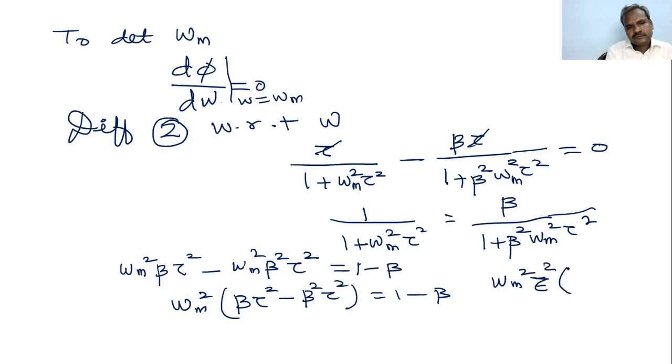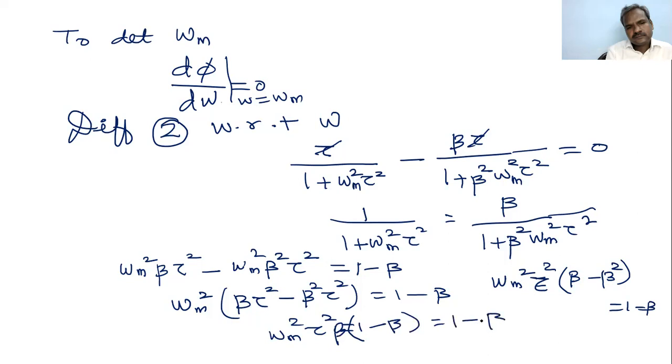So tau square, this is beta minus beta square, equal to 1 minus beta. So omega m square tau square into, we can take beta also as a common term. So 1 minus beta here, and the right hand side also 1 minus beta. This 1 minus beta and this 1 minus beta cancel.